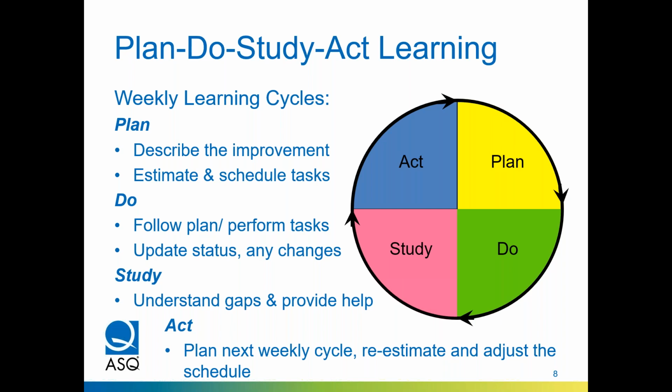Tasks are scheduled, then during the week, people carry out those planned tasks and update their status and make changes. Understanding the gaps is part of studying, and where people can pitch in and help each other. And then acting is continuing the cycle for the next week to re-estimate and adjust the schedule.